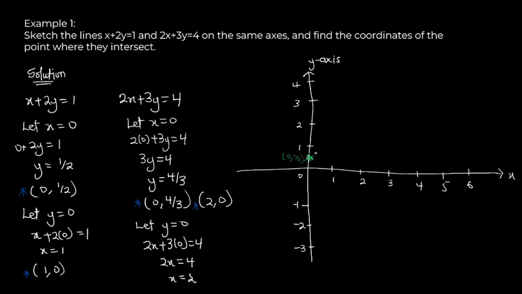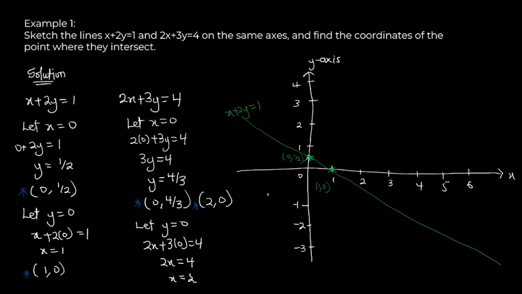Then the second one is 1 and 0. So my x is 1, and then my 0 is y. So it is over here. So it is 1 and 0. So our line will pass through over here. So this is the first line. This is x plus 2y is equal to 1.